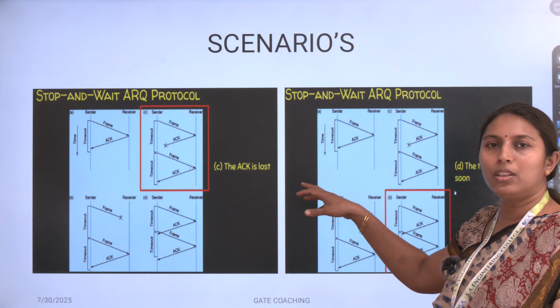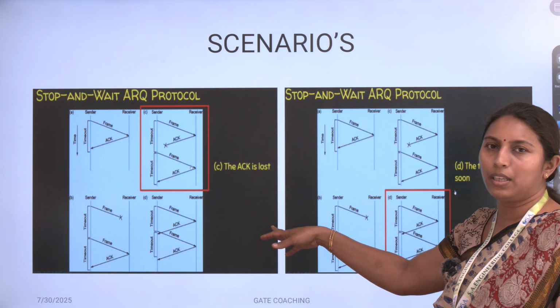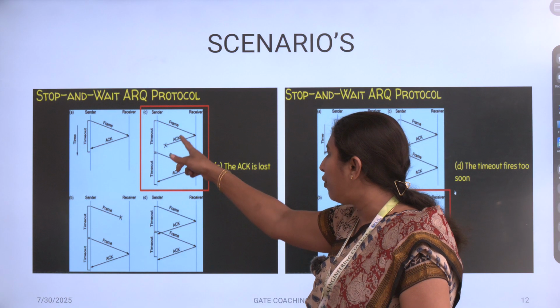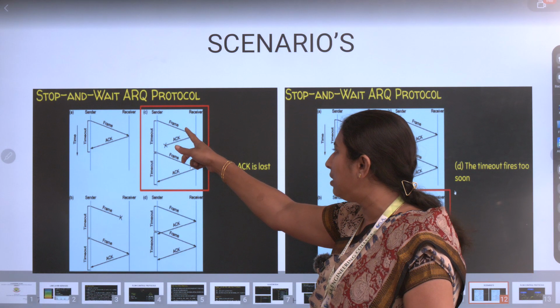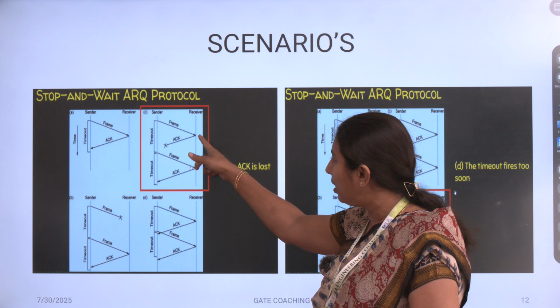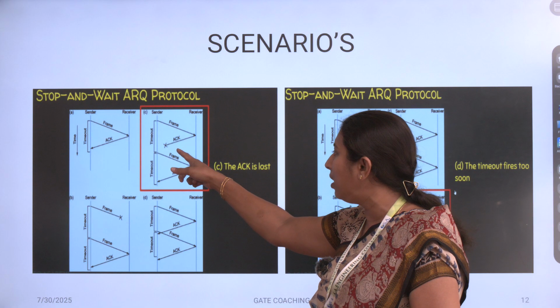Here we introduce the concept of sequence numbers, to show for which frame the acknowledgement is being given. Frame 0 is sent in the previous case and received by the receiver, whereas the acknowledgement is lost in the transmission.